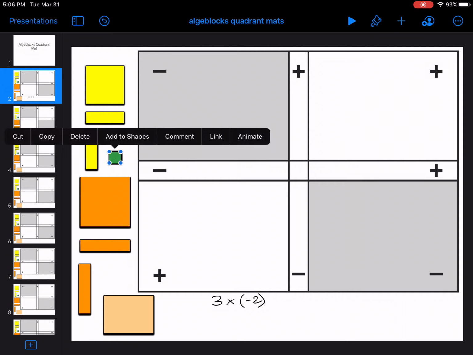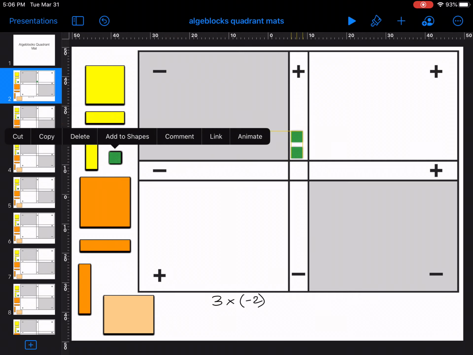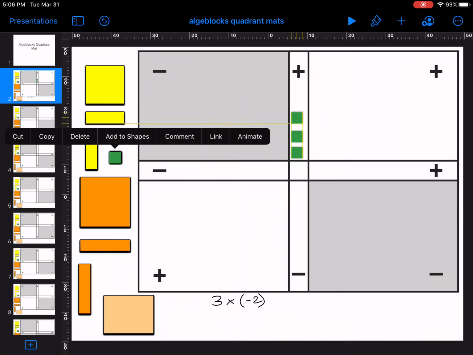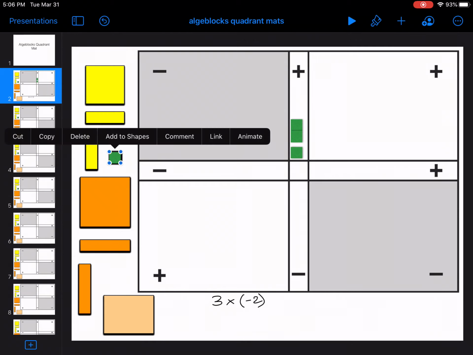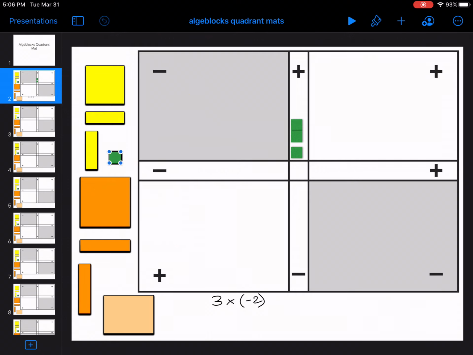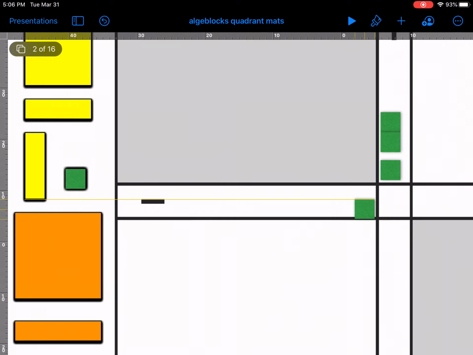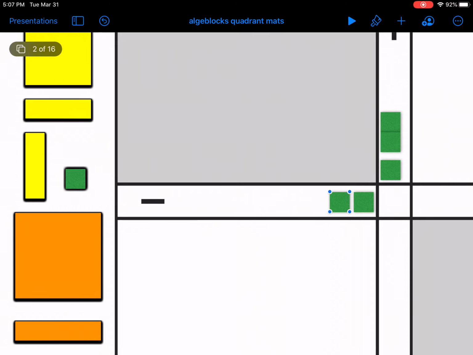Well, our units are these. So there's 1, and there's 2, and there's 3. And on the horizontal factor, we're going to have to put 2 in the negative direction, in the negative location.